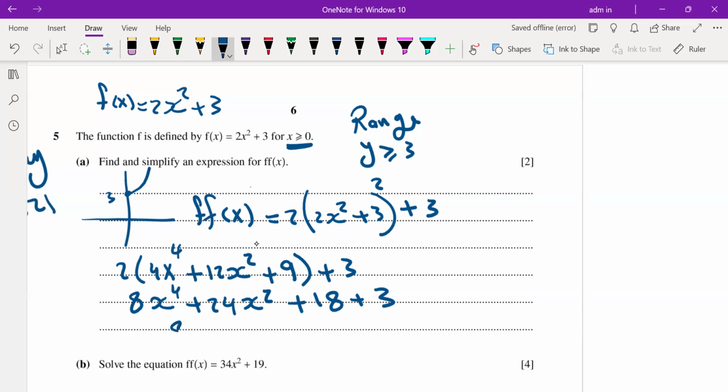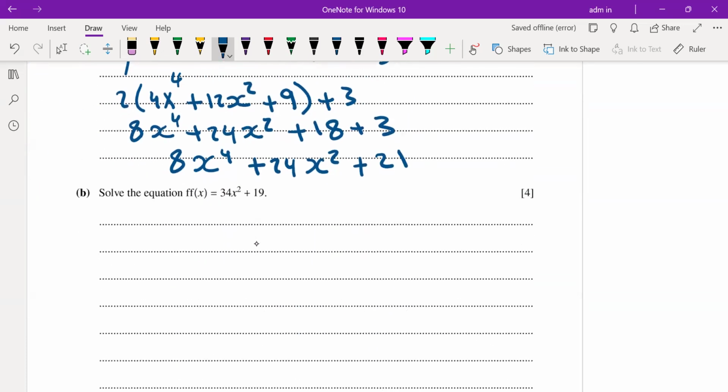So the final answer is 8x to the power of 4 plus 24x squared plus 18 and 3, which is 21. This is the final answer simplified. It's not written in a specific form, but it's written find and simplify an expression, so you have to expand and simplify to get this answer.